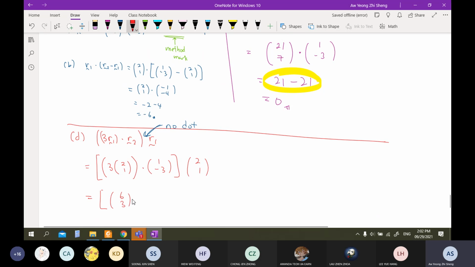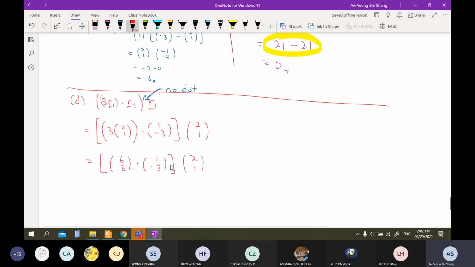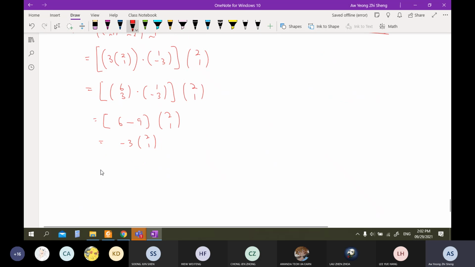Now we have (6, 3) dot with (1, -3), then (2, 1). 6 times 1 is 6, 3 times minus 3 is minus 9, then (2, 1). So now you have negative 3 times (2, 1). Negative 6, negative 3. Done.